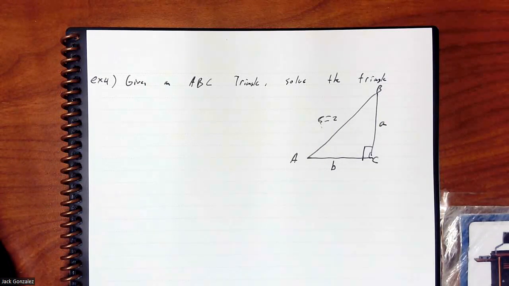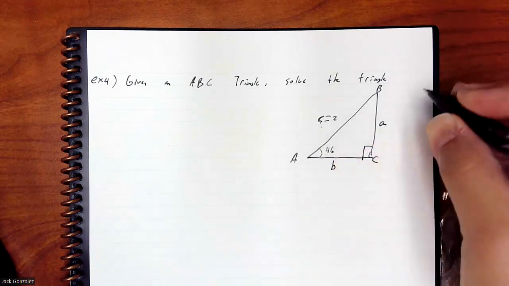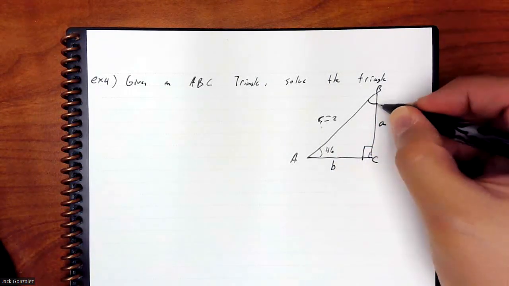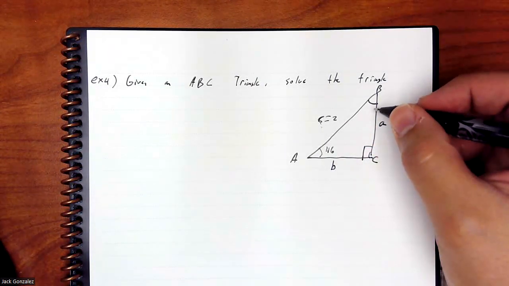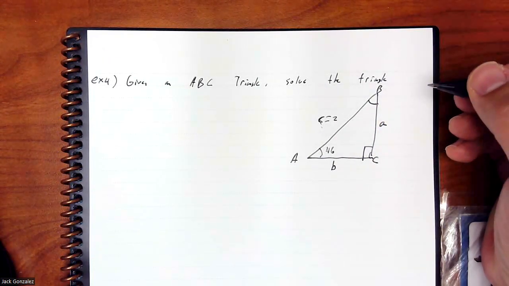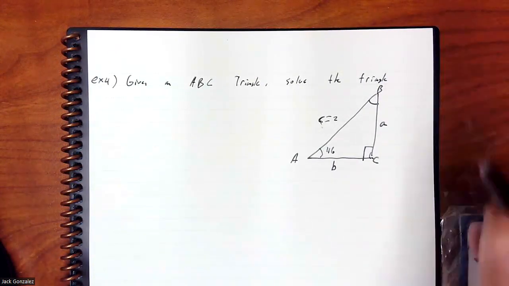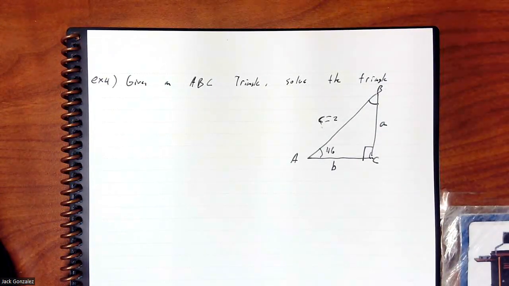It'll be easier. They gave us the angles for A, which is 46, and angle B is 44, I think. Yeah. Wait, no, they didn't. Hold on. All they gave us was A. But we can solve for B pretty easily, right?